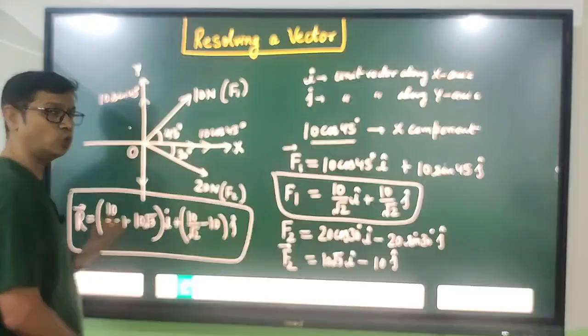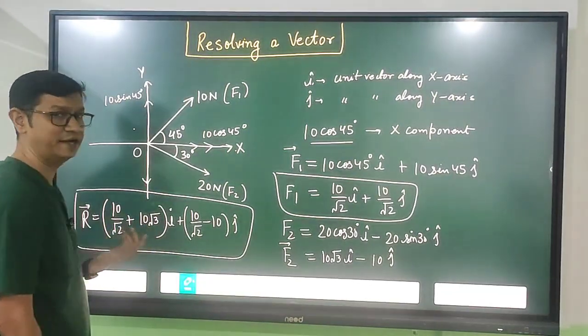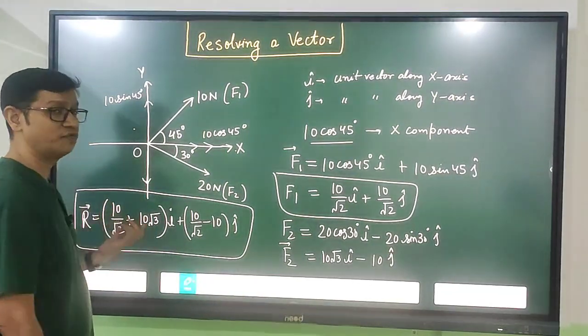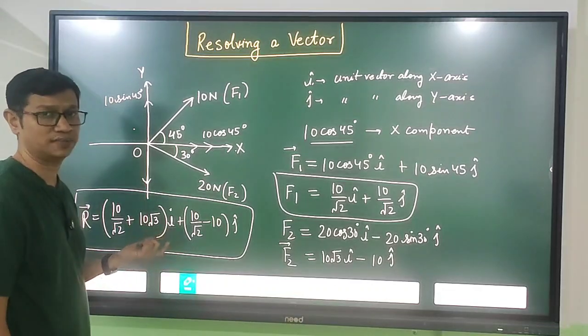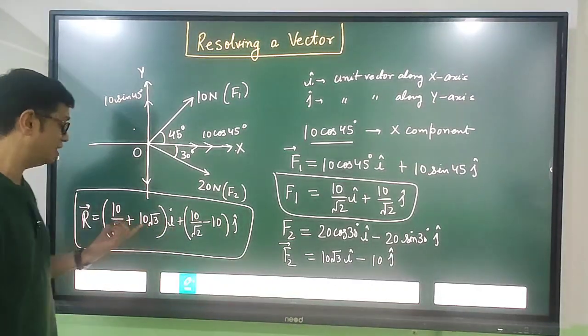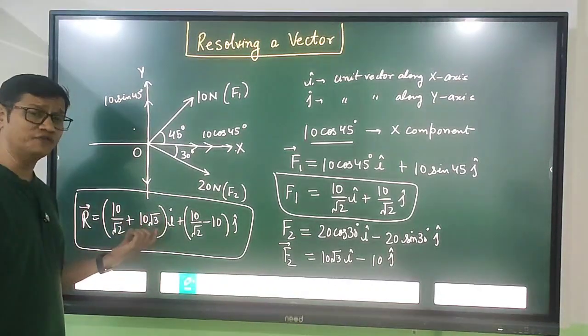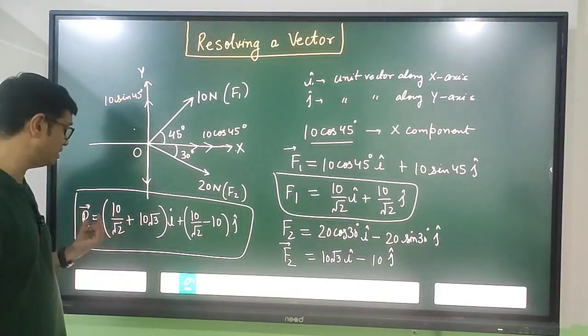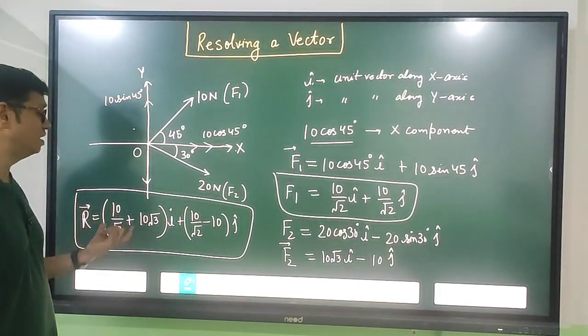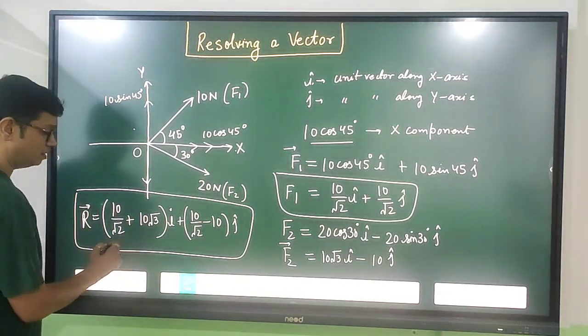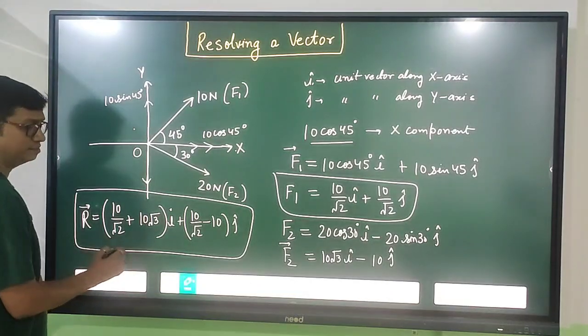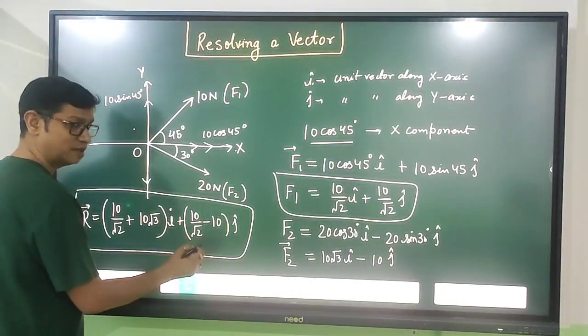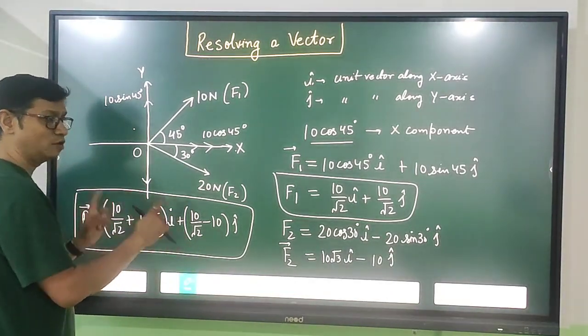I'm not doing the calculation part because that is not the idea here in the video. It is just to give you the procedure and some conceptual journey of resolving a vector. Understand, if someone asks you what is the magnitude of this resultant, you just have to take the square of this component plus the square of this number, add them and take the square root.